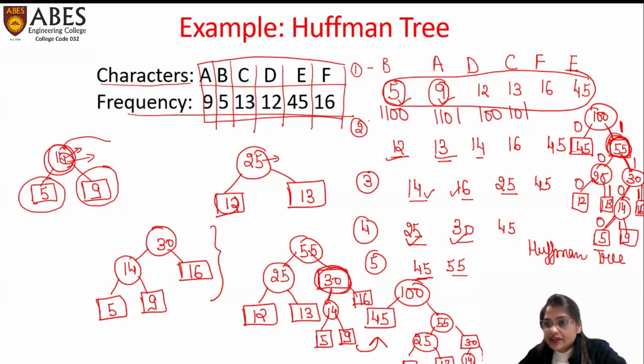For 16, which is F, that will be 1, 1, 1. For E, which is 45, the code will be 0, because it is to the left. So you can see here, no two characters will have the same code. That's why we can provide a unique code corresponding to all these characters.